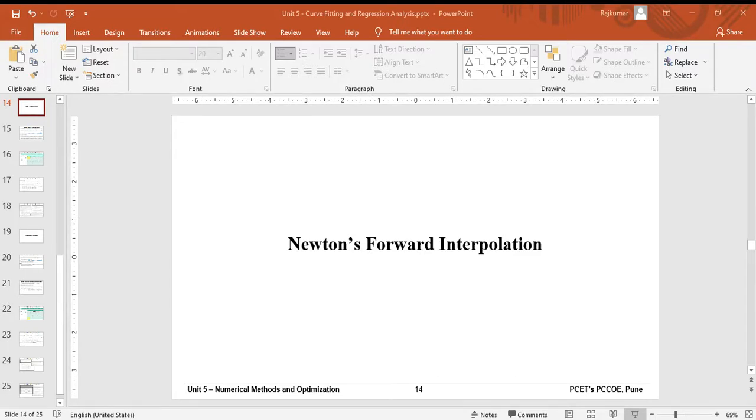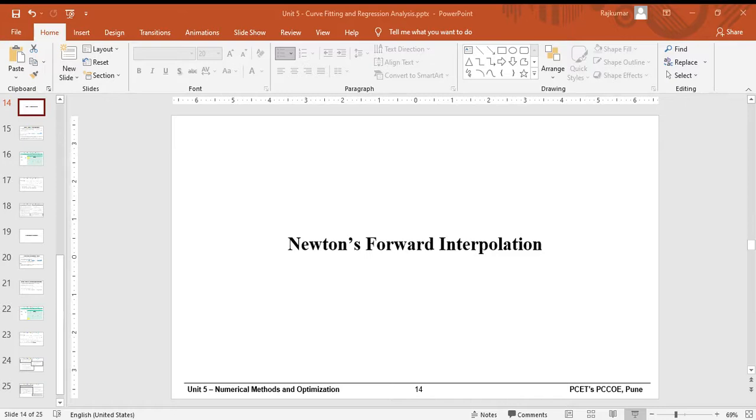Now you need to note two important things here. First, this formula is used for interpolating the values of y near the beginning of a set of tabulated values and extrapolating values of y a little backward of y naught.